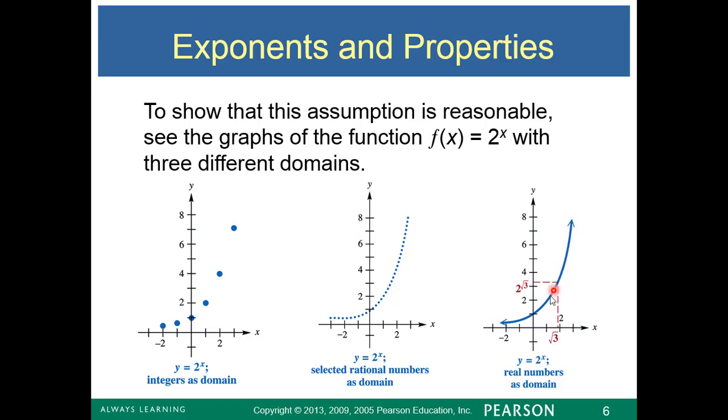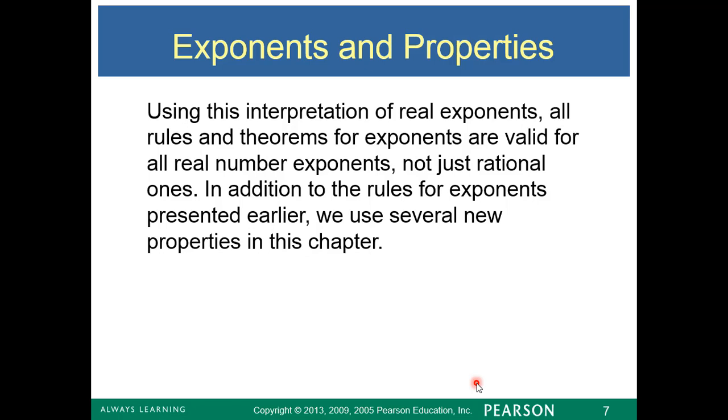So obviously, if we include all real numbers, this creates a smooth curve. And so if x is equal to the square root of 3, then it should give us a value that's exactly equal to 2 to the square root of 3. So using this interpretation of real exponents, all rules and theorems of exponents are going to be valid for all real number exponents, not just the rational ones.